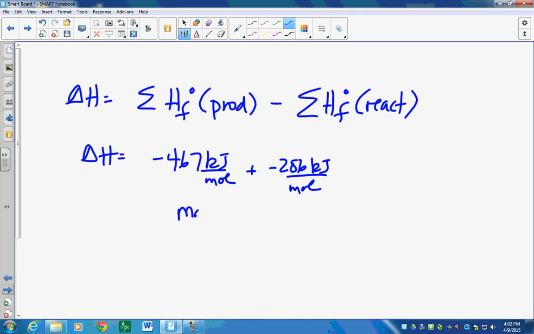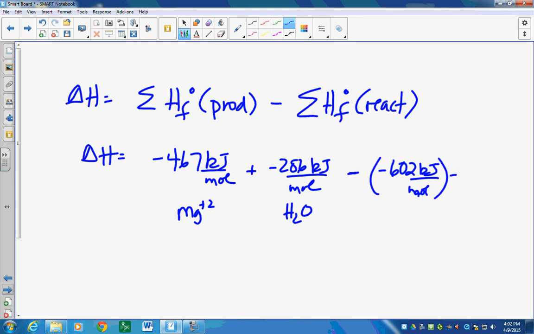Okay, so this is Mg plus 2, this is H2O. They both have ones in front of them if you go back to the balanced equation. And then we're going to subtract, and the MgO has a 1 in front of it, so I don't have to multiply. We're going to subtract because it's minus reactant, so subtracting a negative is going to be a positive.